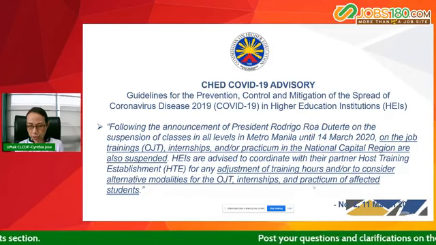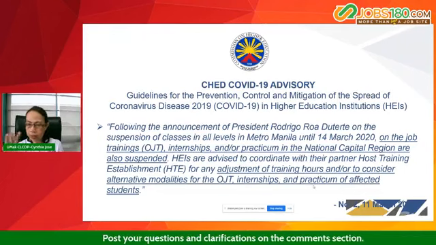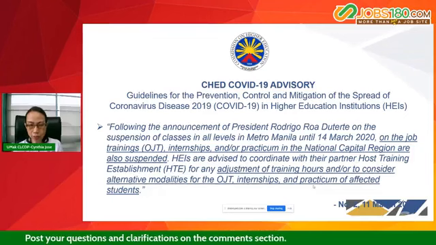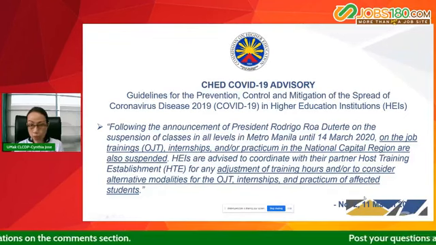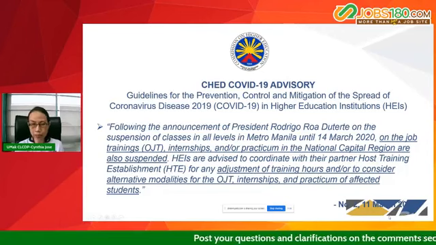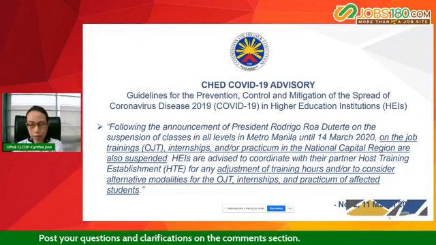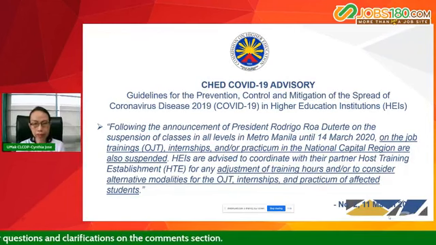So the first advisory, there was a first advisory, but there wasn't really anything specific to OJT. So the very first advisory, number 2, na may mention was the one issued in March 11, 2020. So ito yung time na talagang dumadami na yung cases. This was just before the quarantine happened.